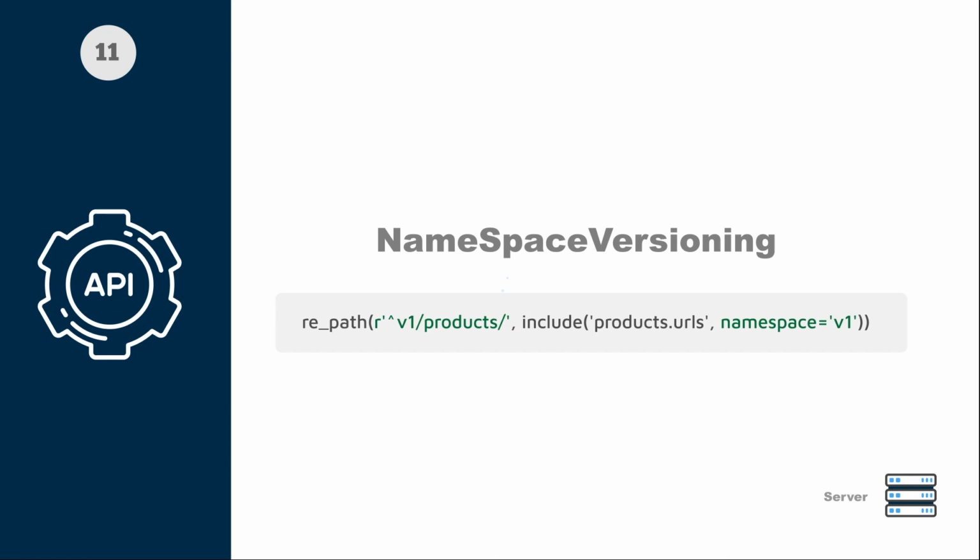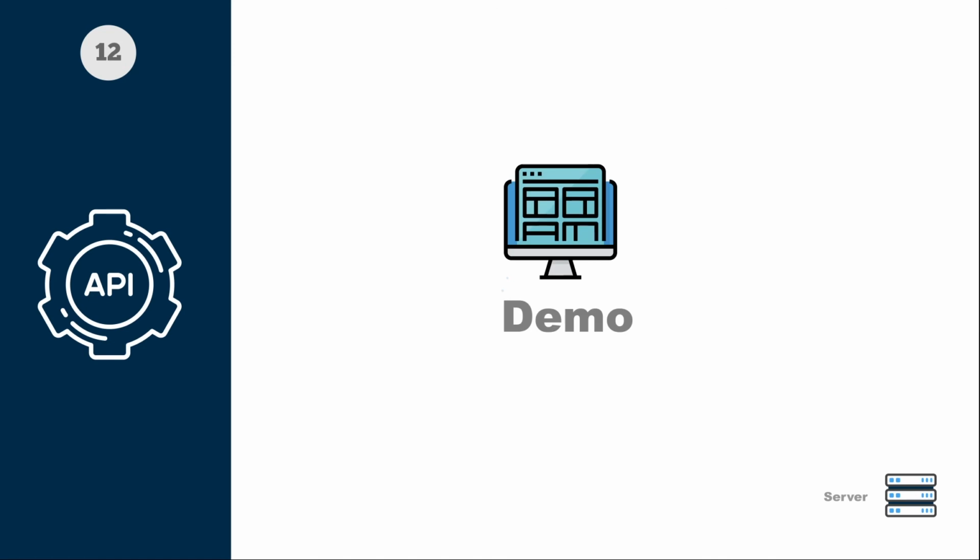So the namespace versioning is the ability to namespace your URL. So for instance, in this case, we may have the v2 product with namespace v2, which can identify that particular URL in a way that can be unique. Demo. So let's look at the demo and see how we can apply the namespace versioning on our URL.